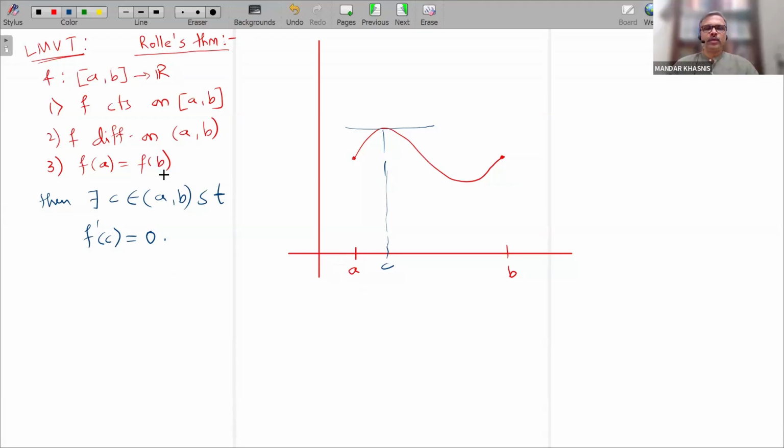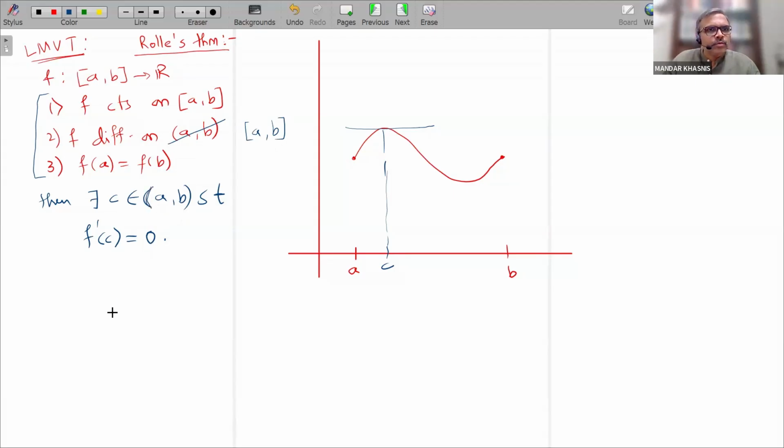Sorry to interrupt, Sunil, but I'm asking about the conditions, not the conclusion. If I change the condition from open AB to closed AB, instead of this, if we say f should be differentiable on closed AB, I can have the same conclusion, by the way. The only thing is, what difference does it make?